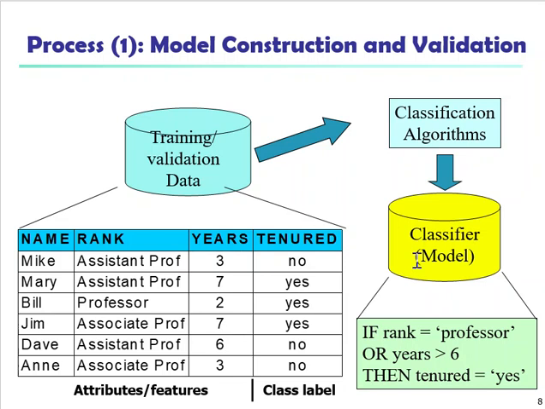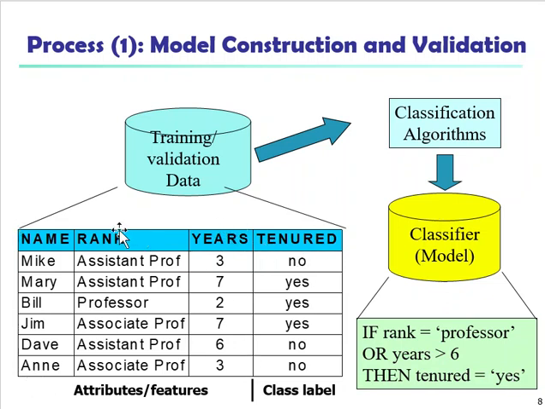If we're using decision trees, then this classifier is going to produce some rules like if rank is professor or years is greater than 6, then this professor is tenured. Okay.